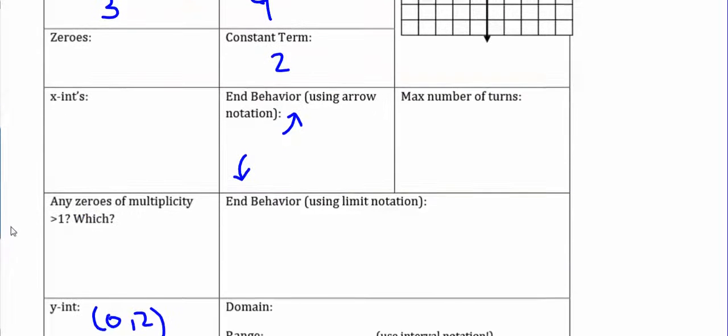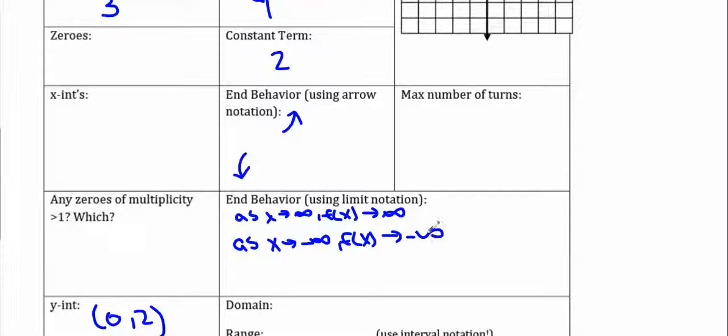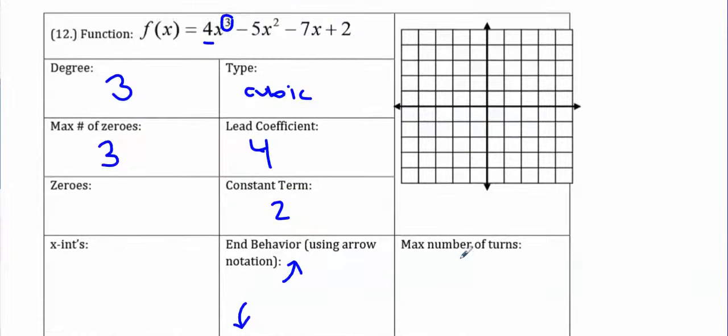End behavior using limit notation: as x approaches positive infinity, f of x approaches positive infinity, and as x approaches negative infinity, f of x approaches negative infinity. Let's look at the maximum number of turns. The max number of turns is always 1 less than the degree, so that would be 2.